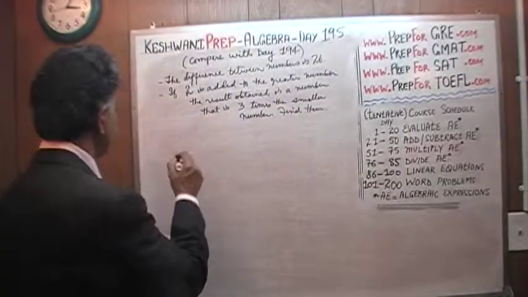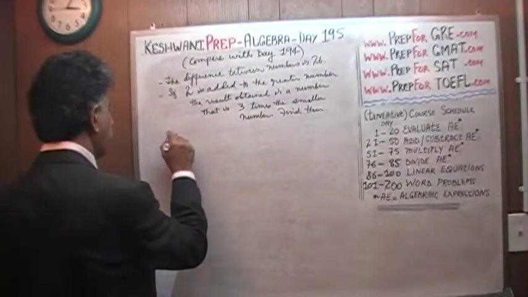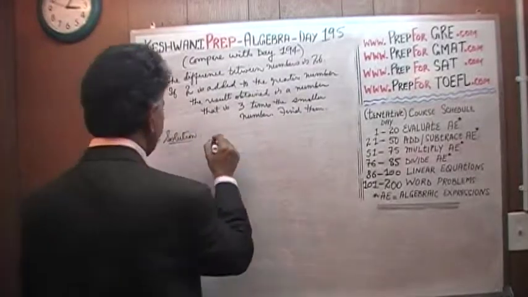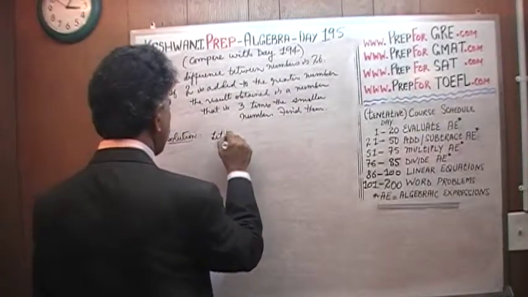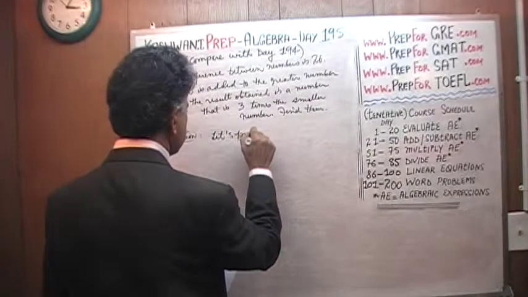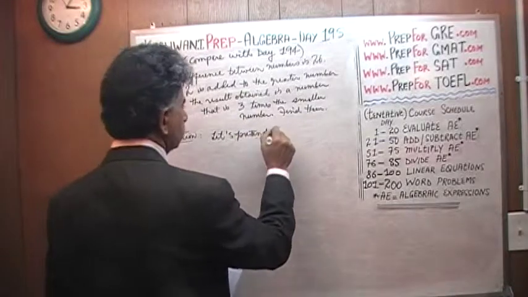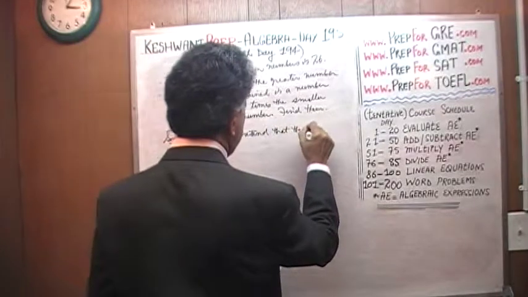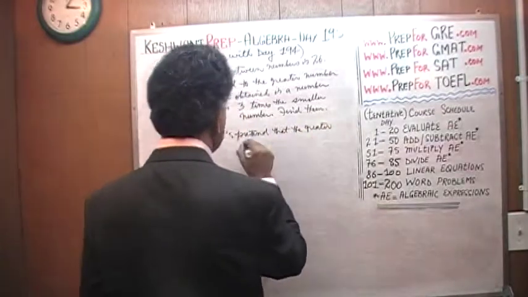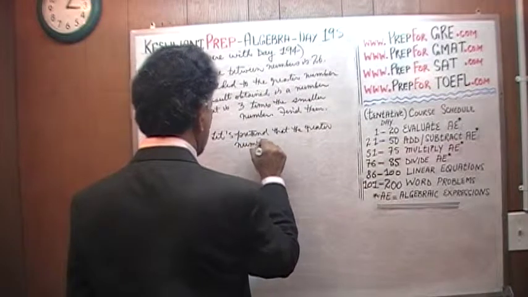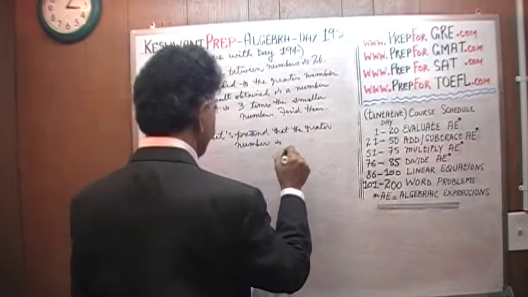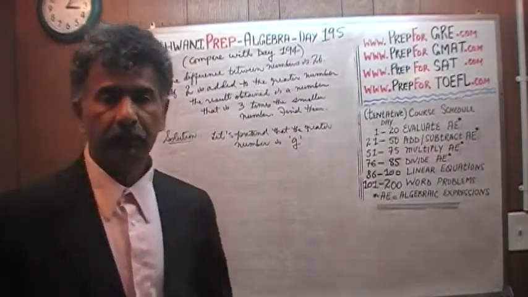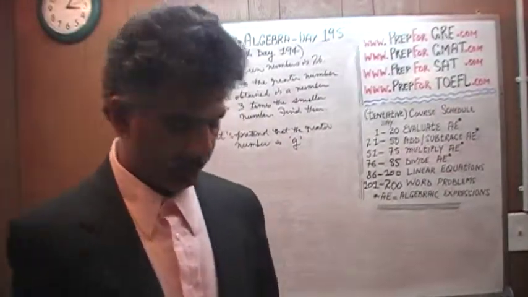Here's the solution. Let's pretend that the greater number is G. Let's call the greater number G, letter G, G for greater.